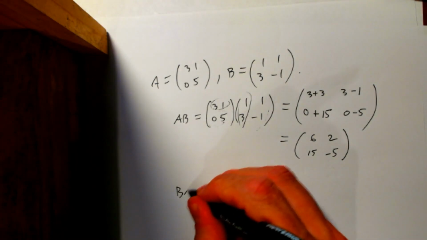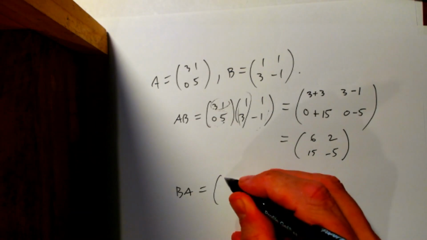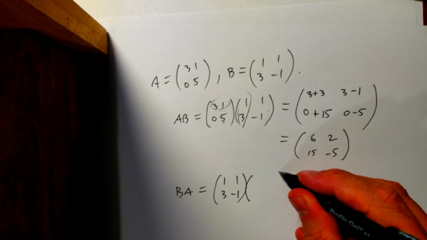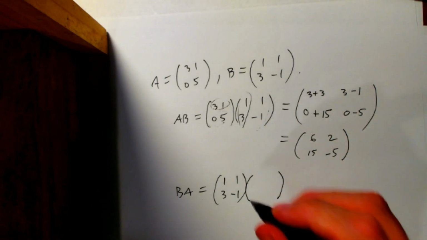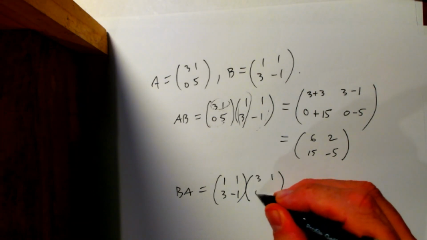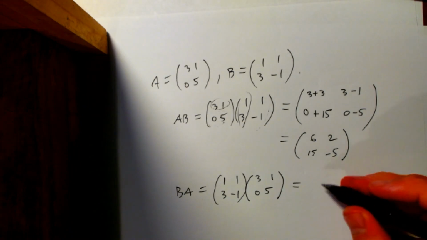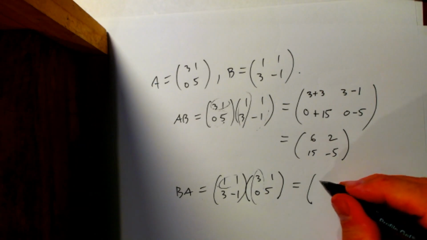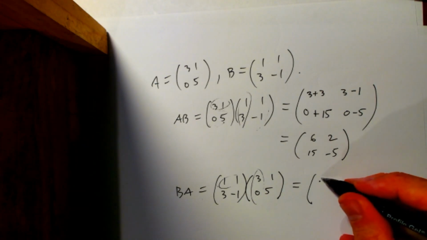Now the other way around doesn't give us the same thing and may not always be defined, right? But it is defined in this case because they're both 2 by 2 matrices. So we've got 3, 1, 0, 5. Okay, so first row, first column in the first entry of the product. So we've got 3 plus 0.